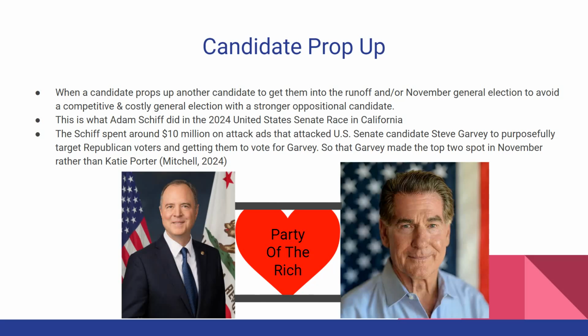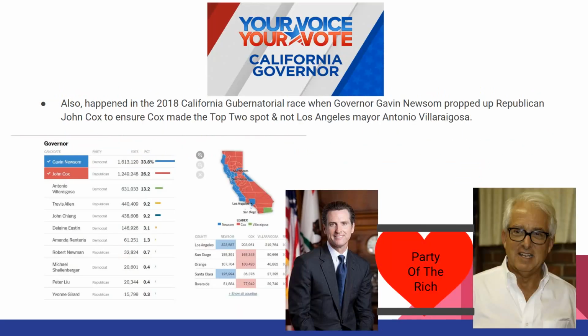And this type of candidate prop-up also happened in the 2018 California gubernatorial election. Governor Gavin Newsom propped up his Republican opponent, John Cox, to ensure Cox made the top 2 spot and not Los Angeles Mayor Antonio Villaraigosa.